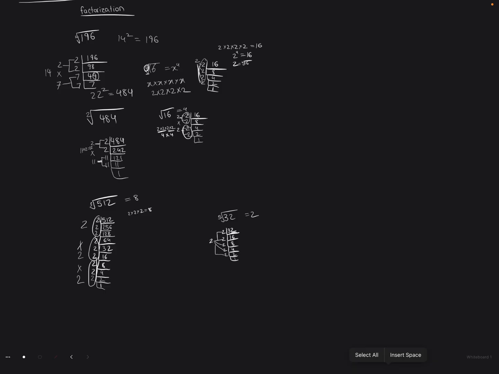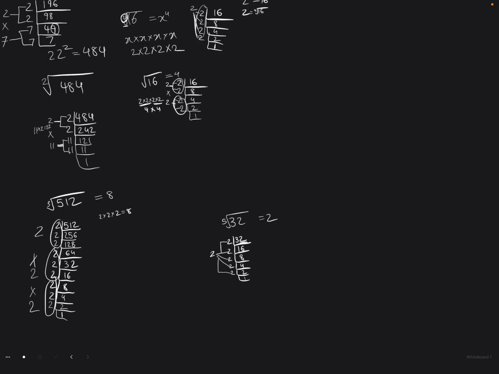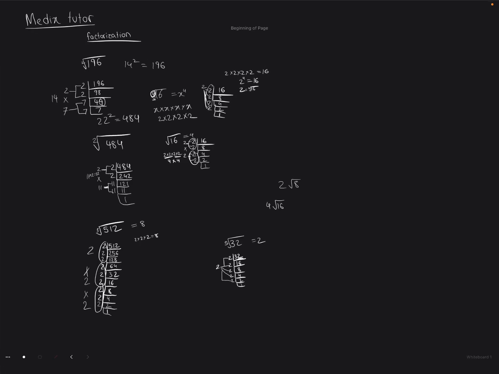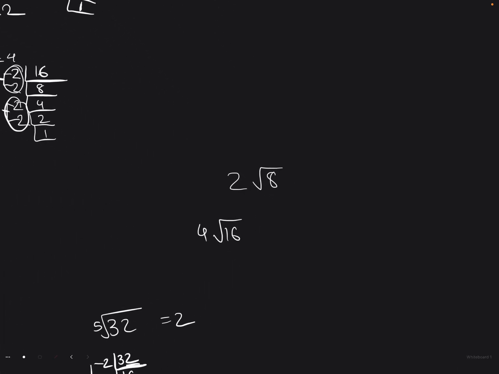Mixed radicals are whole numbers with these radicals. For example, you could get something like this. What this means is whatever the radical for 8 is, you multiply it by 2.